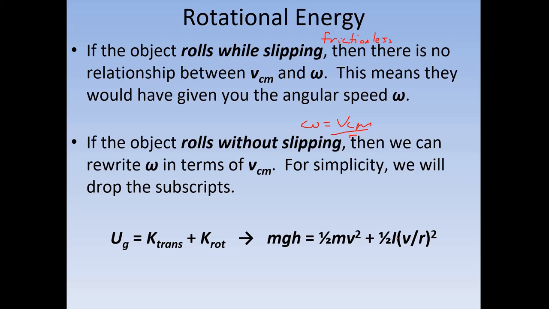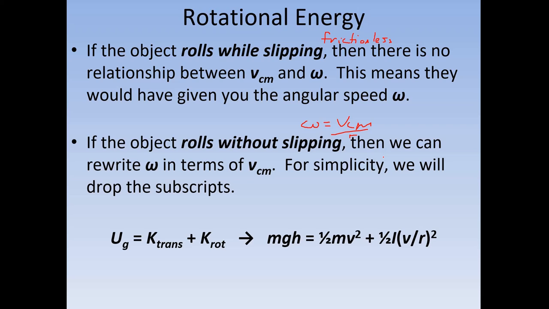So just to reiterate, in the two scenarios, the wheel could either be rolling without slipping or rolling while slipping. If it's not slipping, like in this second case, then we do want to replace the omega with V over R, because that's pretty much the only way that we're going to continue solving it.